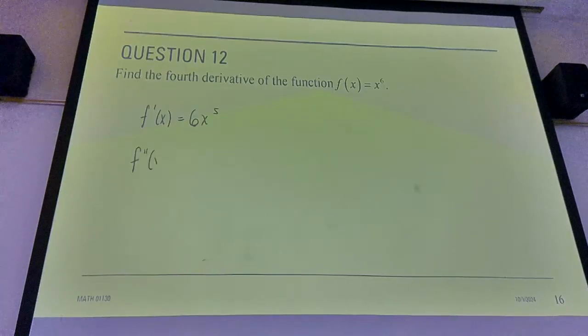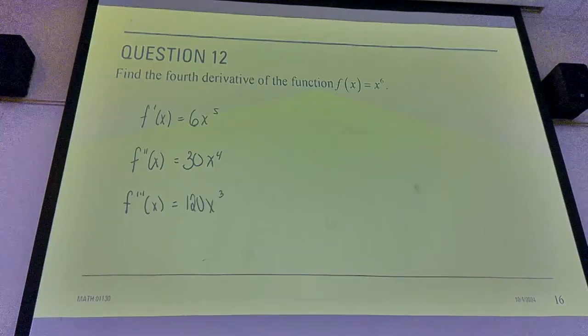What's f double prime then? 30x to the 4th. What is f triple prime? So what is the fourth derivative? There's your fourth derivative.